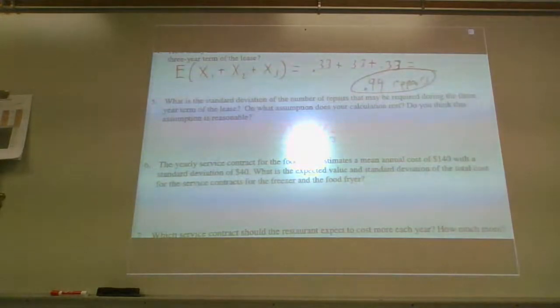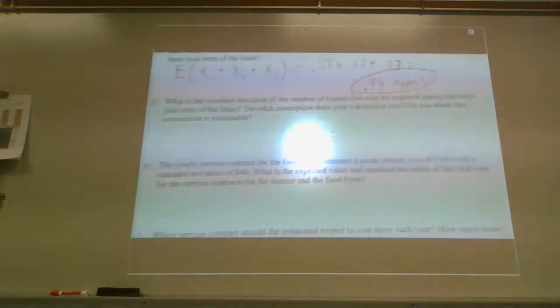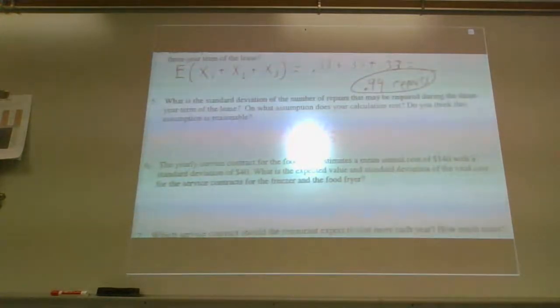But the first question, well, I cannot just add the standard deviation together 3 times. I can't. Instead, I have to convert it to variance, then add them together, then convert them back.